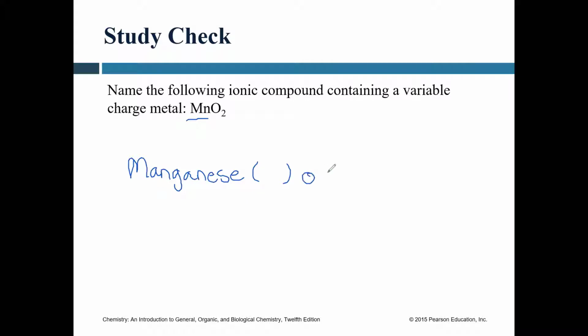And then the oxygen, we're going to write as oxide. So now we need to figure out the charge. Oxygen has a 2- charge, and we always have 2 of them, or in this case, we have 2 of them. So we're going to multiply it by 2, so it's a 4- charge. So then this would have to be a 4+ charge, or manganese 4 oxide.